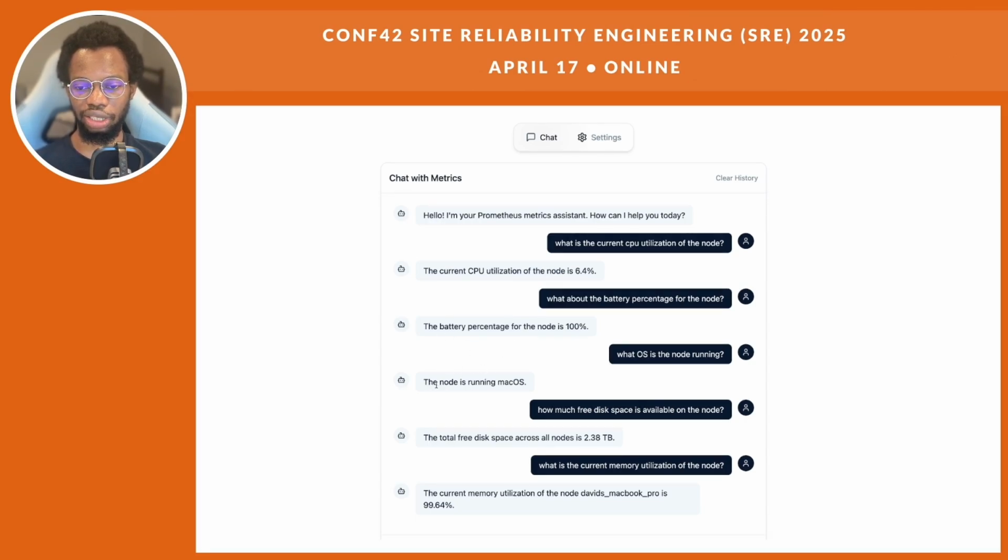So you can see it gets that the node is running macOS, the disk space that is available across all the instances of the nodes, and then finally the memory utilization of the node is shown as well. All right, in a follow-up we'll look at the backend and see what queries are generated for these examples and what they look like.